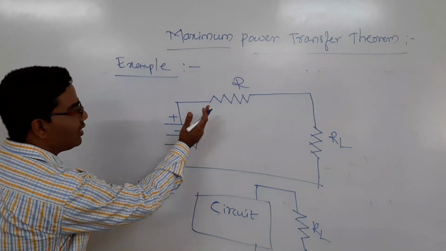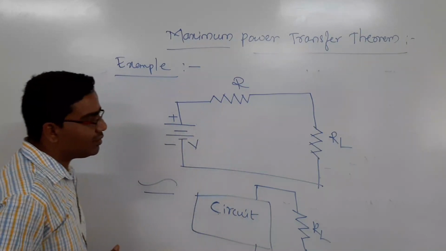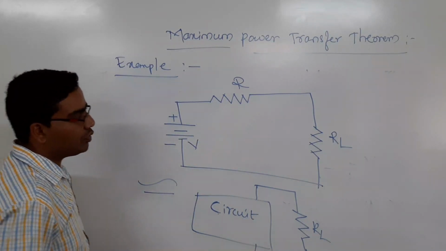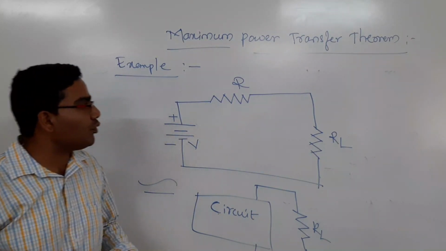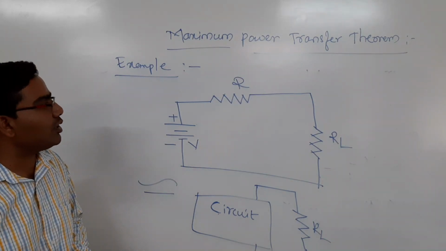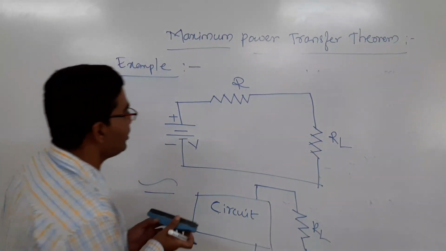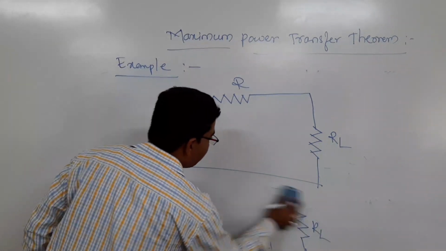I have just taken this example. According to this, I will explain how the maximum power can be proved. So let's derive this circuit now.